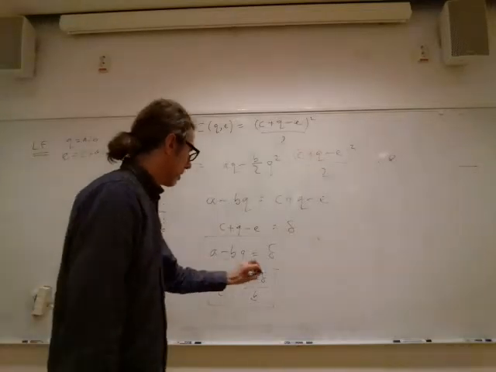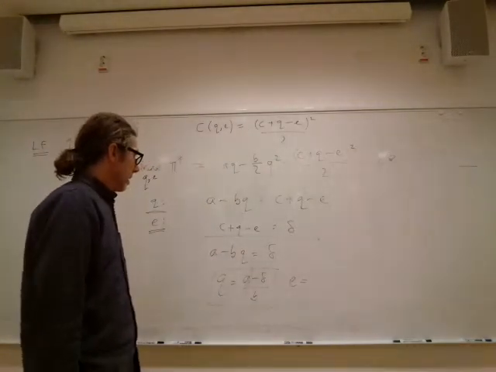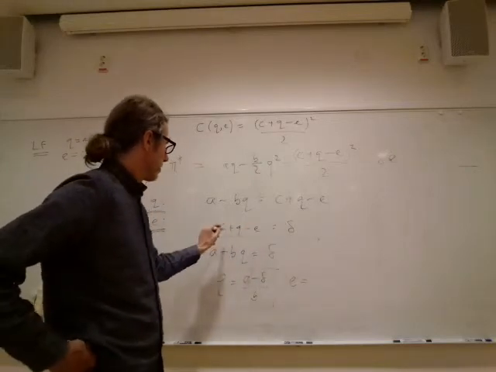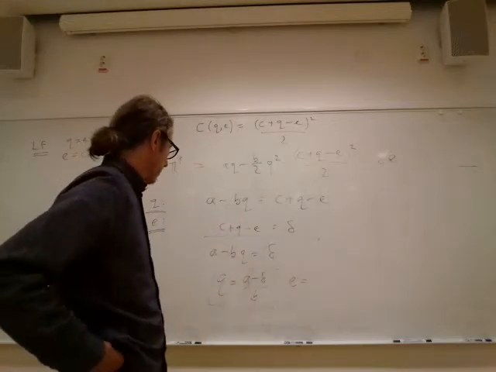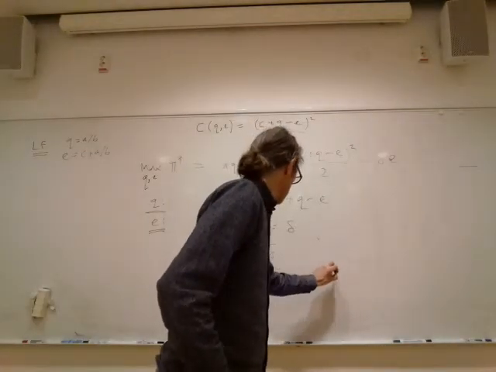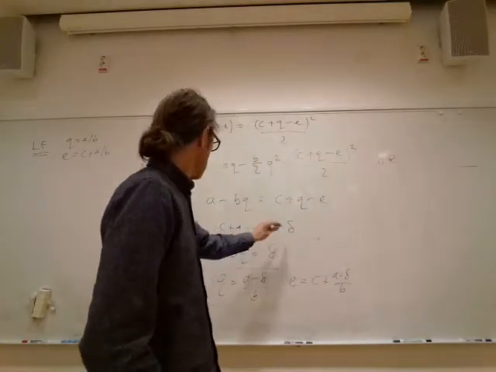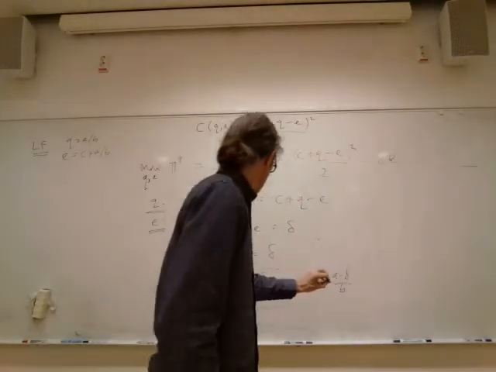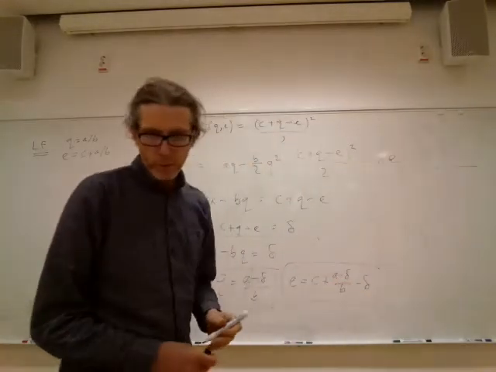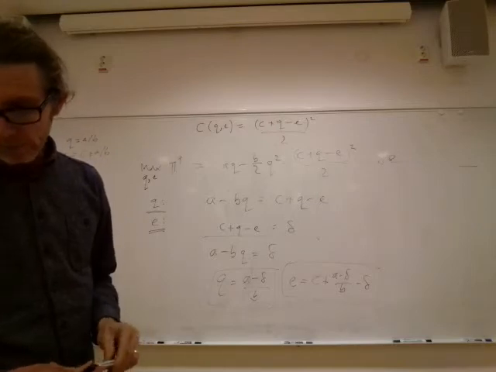And emissions then are, well, E is C plus Q minus delta, aren't they? So it's C plus A minus delta over B, E is C plus Q minus delta. Maybe we could simplify that. No, perhaps not.